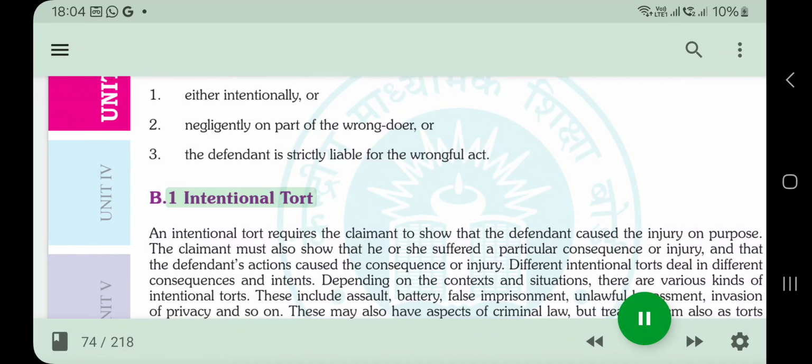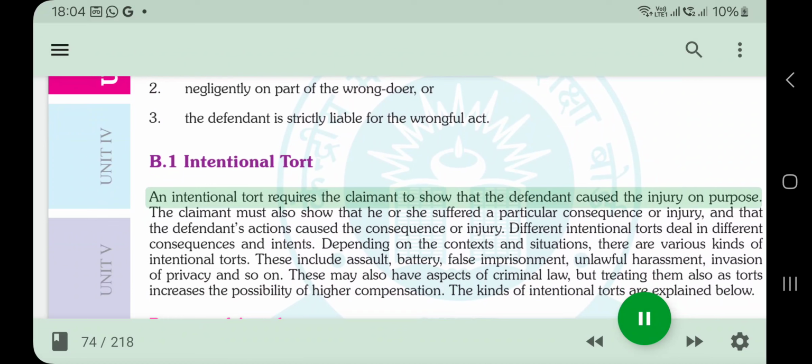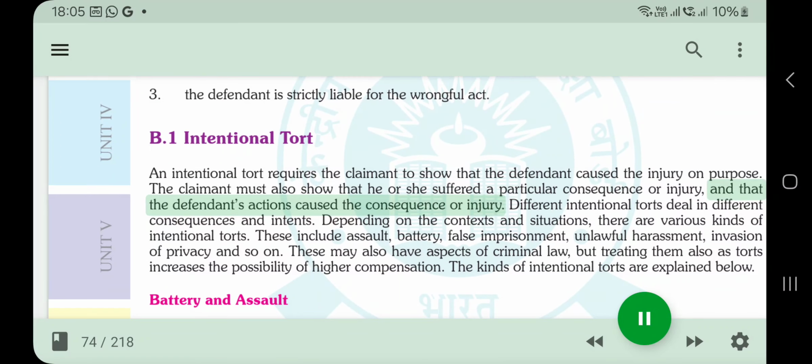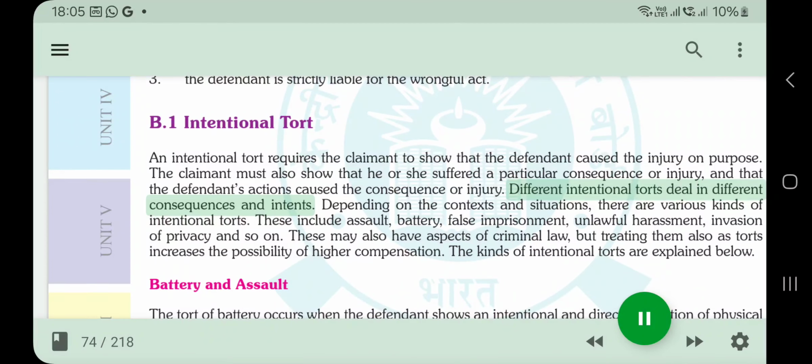B. 1. Intentional tort. An intentional tort requires the claimant to show that the defendant caused the injury on purpose. The claimant must also show that he or she suffered a particular consequence or injury, and that the defendant's actions caused the consequence or injury. Different intentional torts deal in different consequences and intents.